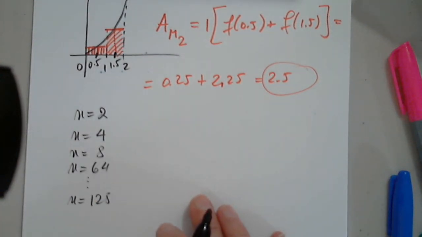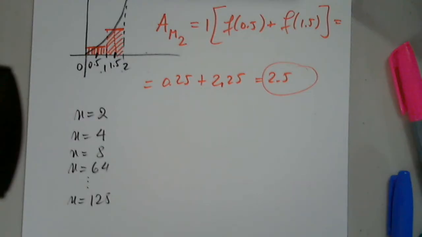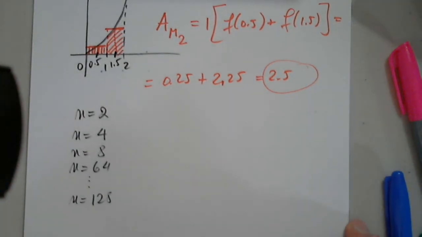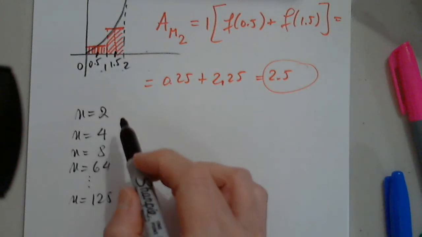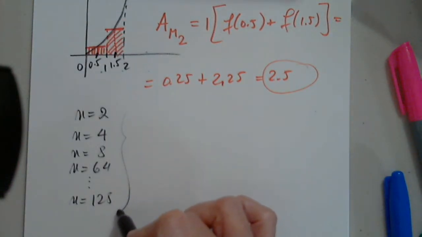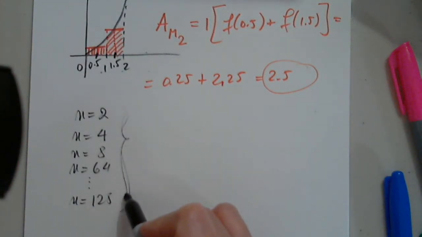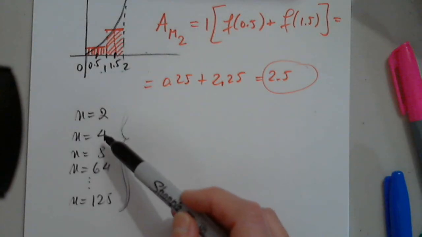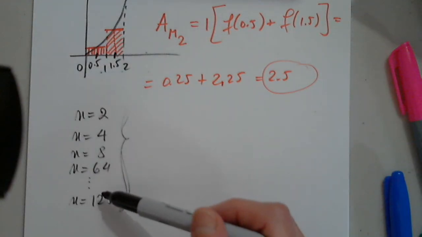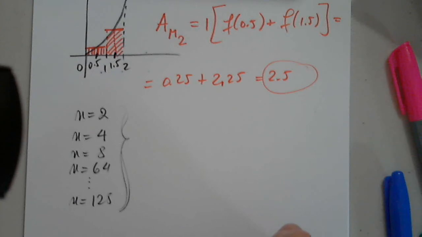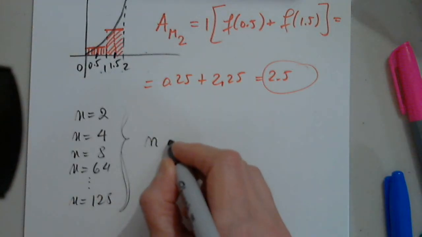Well, fitting more and more rectangles in there and determining their area, will I get closer and closer to the actual exact area? Yes. So what is this process? What am I trying to mimic here? N is 2, and then 4, and then 8, and then 64, and then the limit as n approaches infinity.